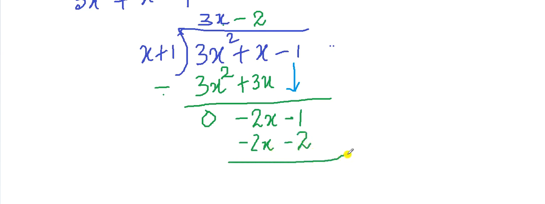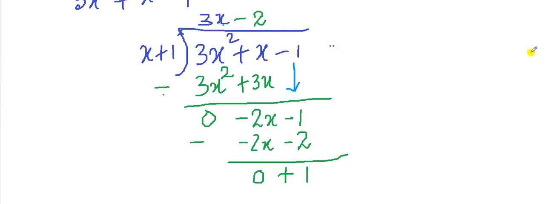Again draw a line and subtract. So negative 2x minus negative 2x gives me 0, and negative 1 minus negative 2 gives me positive 1.